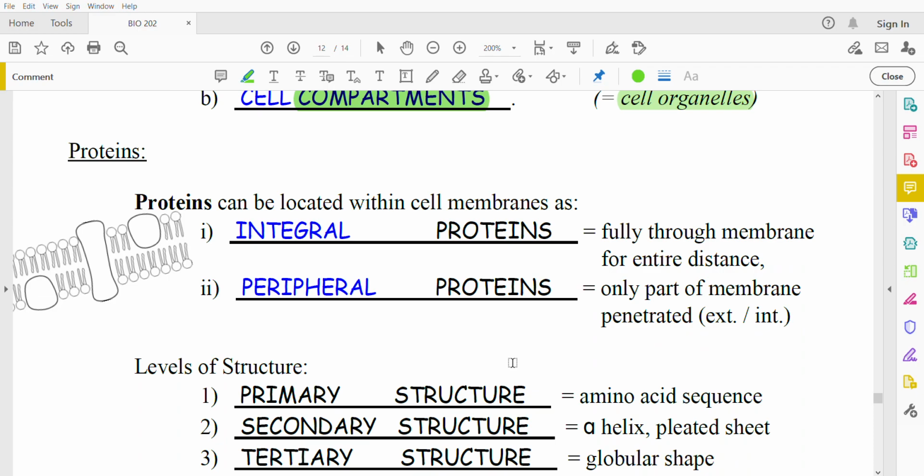Then we have already talked a fair bit about the proteins, but we're going to take that and expand that a little bit from what we have already discussed. So it's a little bit of revision, a little bit of new stuff.